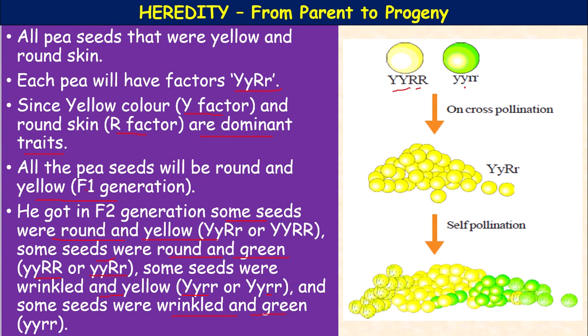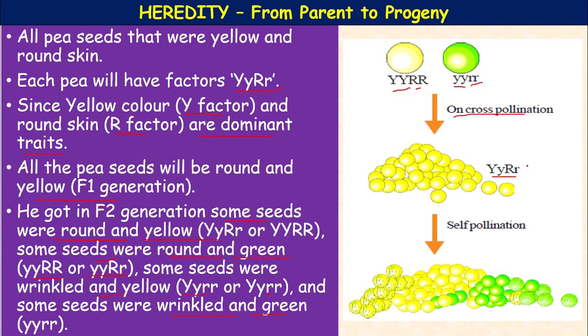Here small y representing green, and small r representing wrinkled. On cross pollination of these two varieties of P, then in the F1 generation, capital Y, capital R, small r combinations are produced.